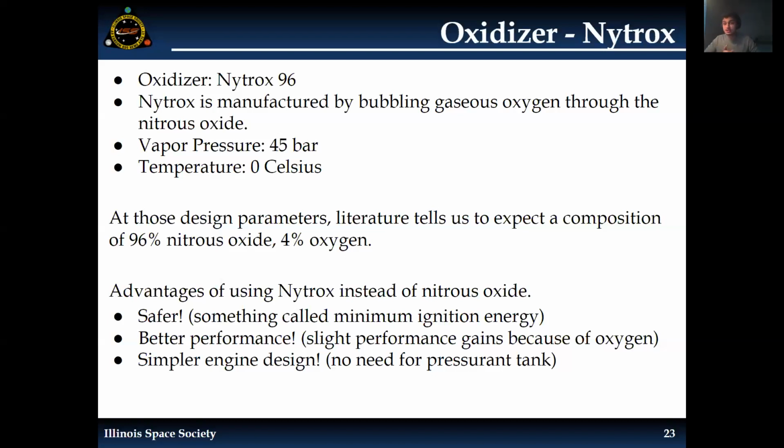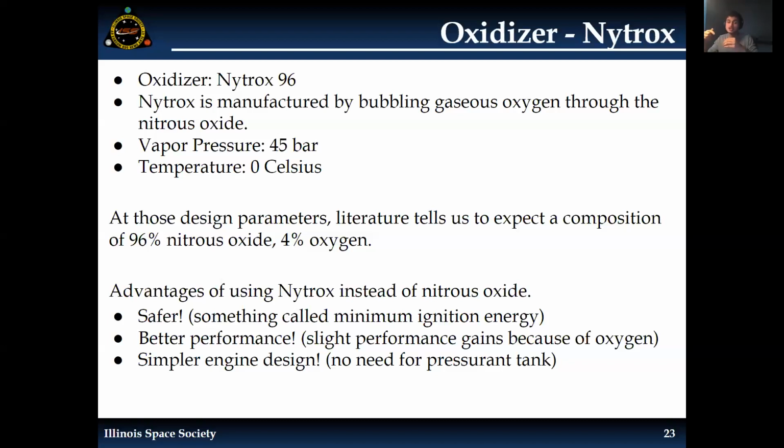The third thing is simpler engine design. This is where I wanted to talk about vapor pressure. Larky talked about vapor pressure, which is essentially the pressure that a gas will exert on its surroundings. If you imagine a closed cylinder of fluid, completely sealed off, with a little bit of fluid and a little bit of vacuum, the fluid is going to boil off and create a vapor. There's a specific pressure at which the fluid stops evaporating, and that's when it reaches equilibrium.